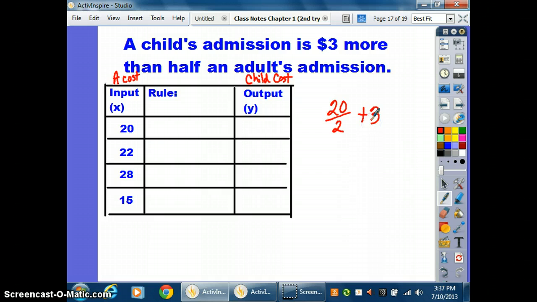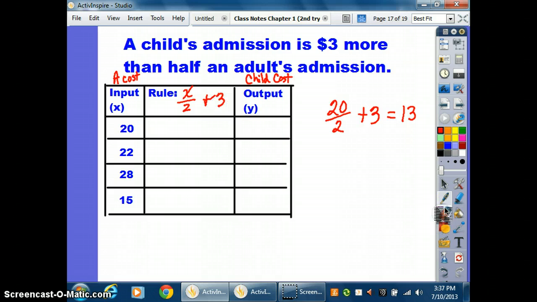So that's addition, 3 more. So that would give me 10, order of operations, plus 3, $13 as a child's ticket. So the rule is the adult's ticket, X, you divide it by 2. You take half of it. And then you have to add 3 more dollars because it says plus 3.